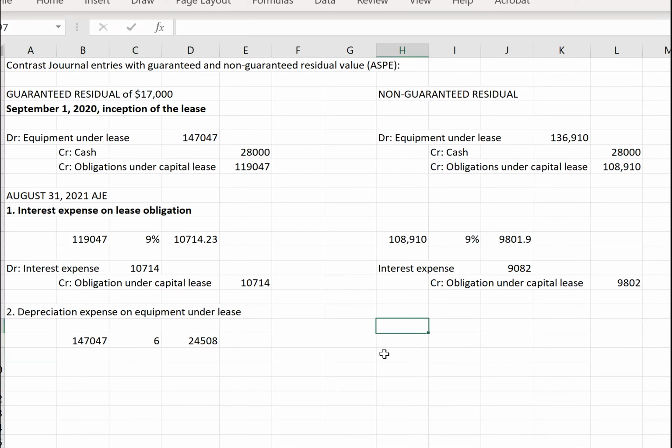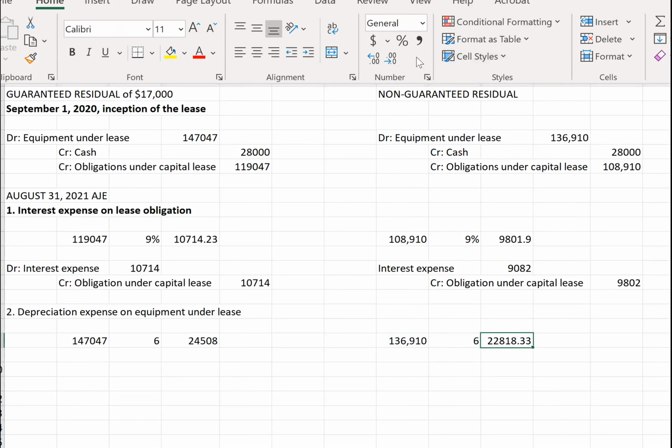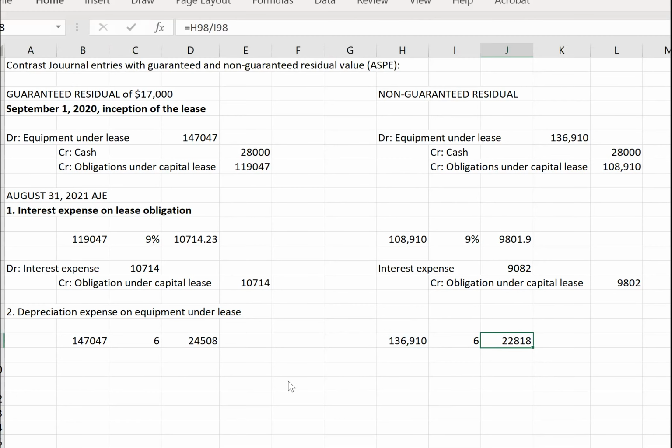And over here, same thing. So we're going to take the amount we had under the capital lease, 6 years, divide this by this, and we'll get this amount. And let's just round that down. Great.